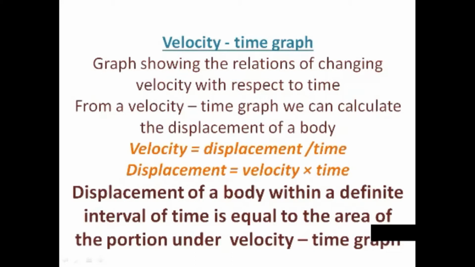The displacement of a body within a definite interval of time is equal to the area of the portion under the velocity time graph. When we take the area of that portion, we get the displacement of that body.